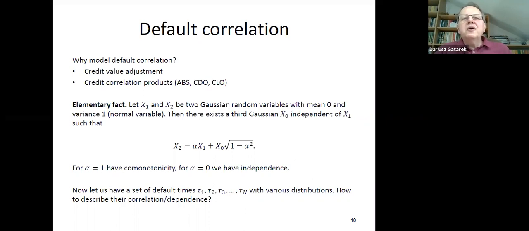What is credit value adjustment? So far I assumed that there is no credit risk in the interest rate stock.